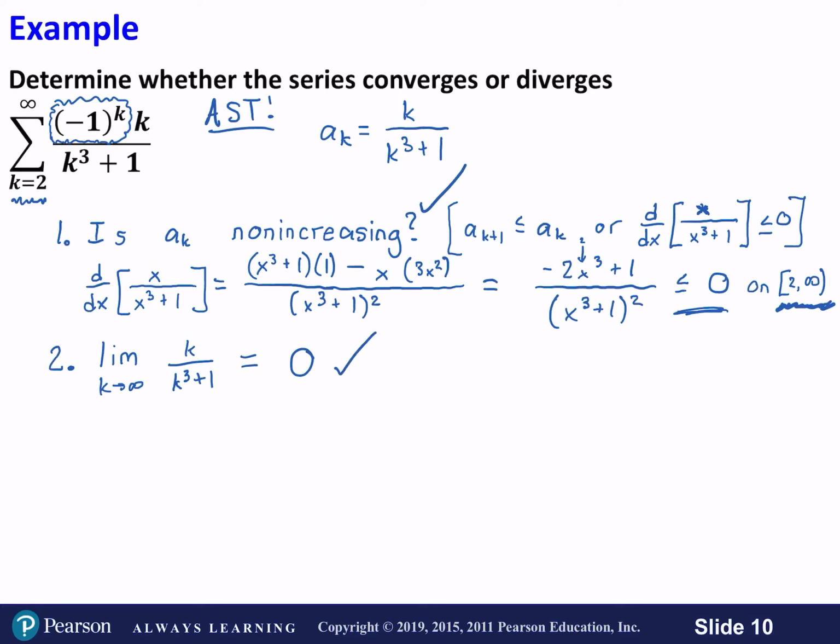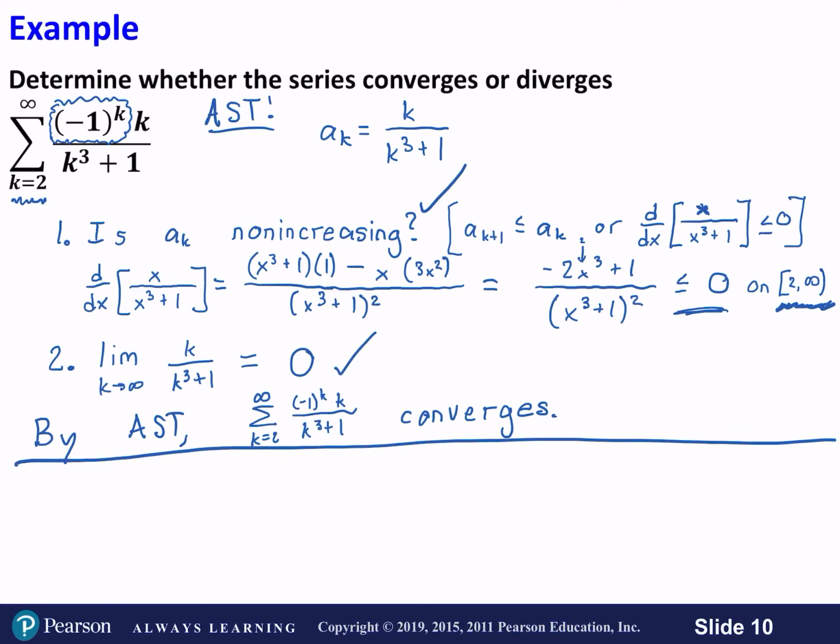And so, by the alternating series test, the series from k equals 2 to infinity of negative 1 to the k times k over k cubed plus 1 converges. All right, so great. We determined that it converges.